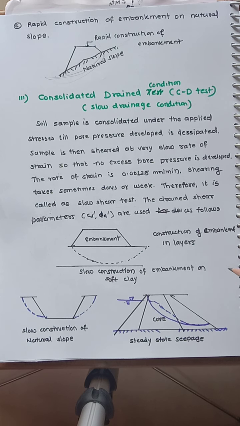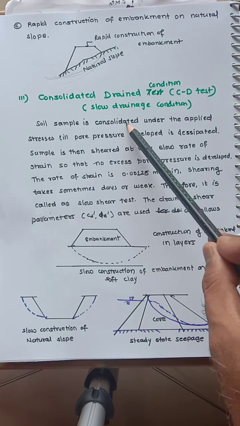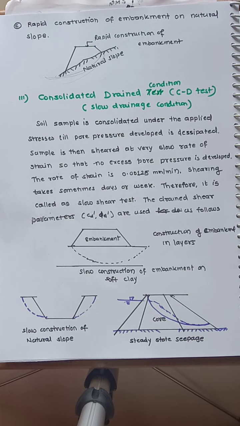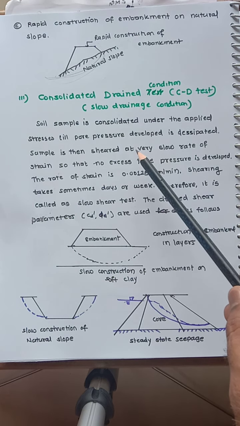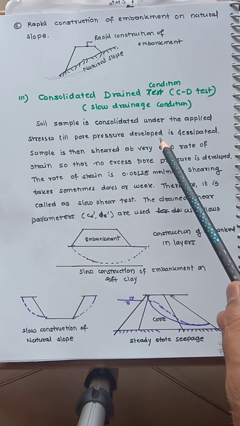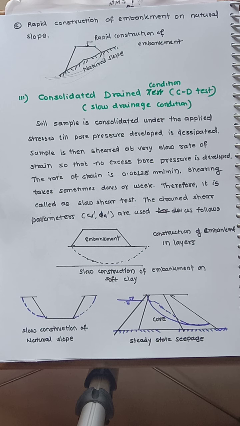It is similar to the earlier one. The first part is the same: the sample is consolidated to the applied state. In the second part, shearing starts, but at a very slow rate, because if the rate is faster, then pore pressure is developed.